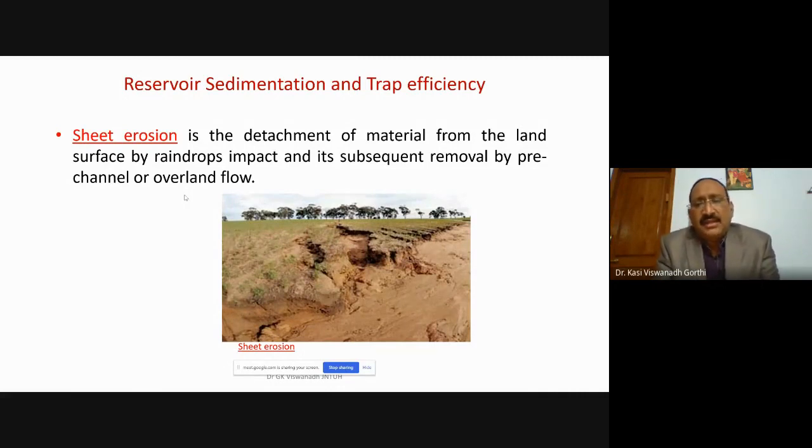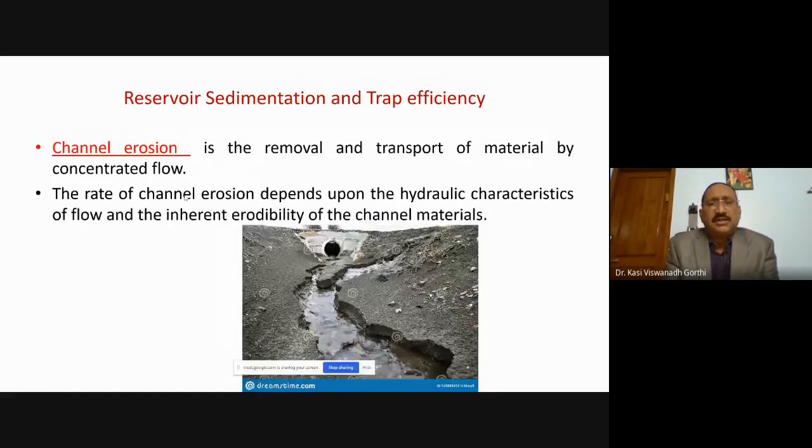So in the figure, you may observe that the silt particles are moving because there is complete detachment of the material from the land surface. Why is it happening? Because there is a huge amount of rain creating impact on the land surface. Because of the impact from the raindrops, the soil particles are getting detached and moving from their original position. This is the sheet erosion.